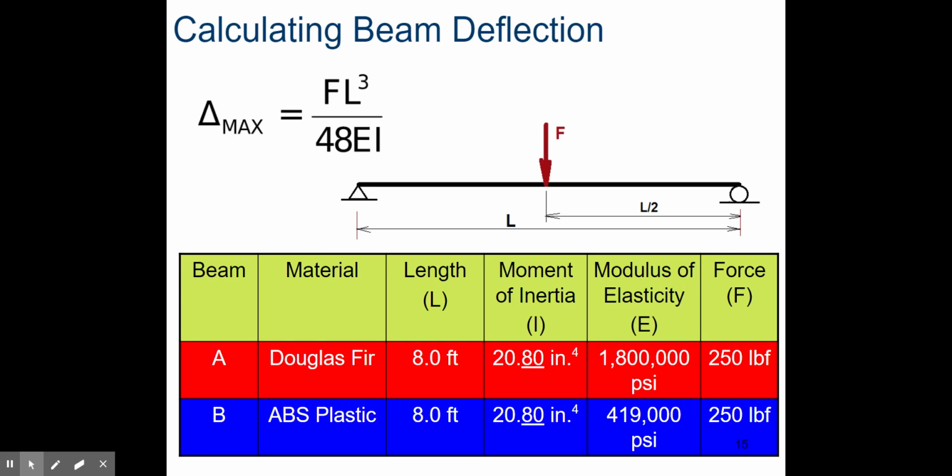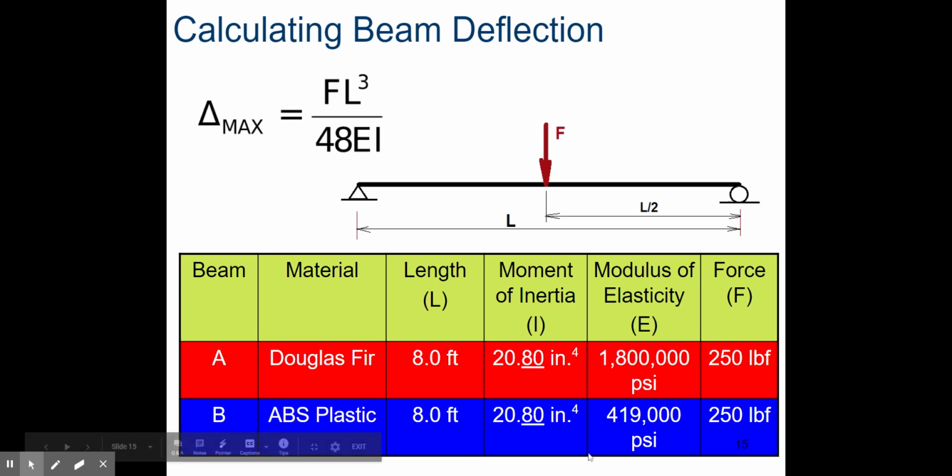You can look up Douglas fir and get an idea what it's going to be. And then times I, which is the moment of inertia, which you calculated last time. So in order to calculate beam deflection, you need to be given the force, the length, the modulus of elasticity, and you also need to be able to calculate the moment of inertia I.